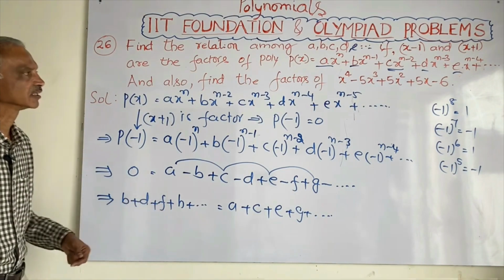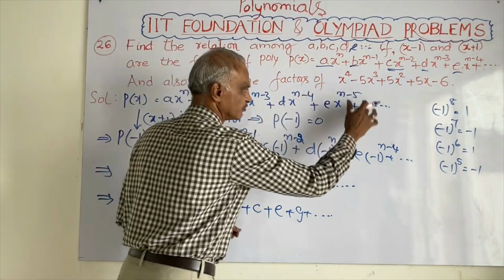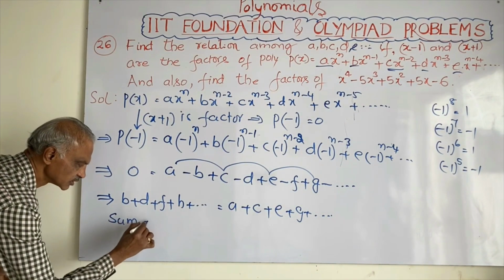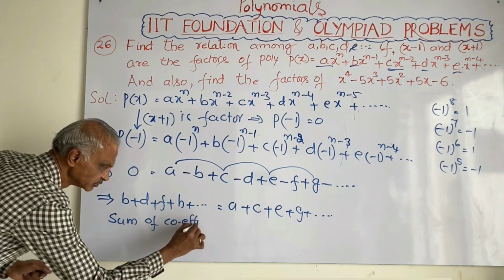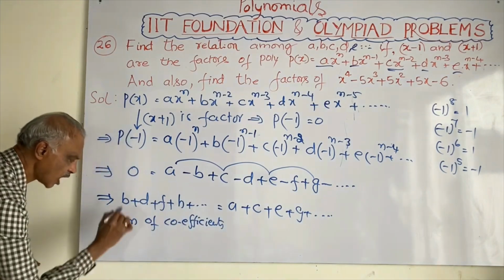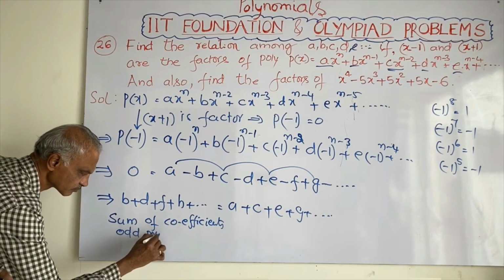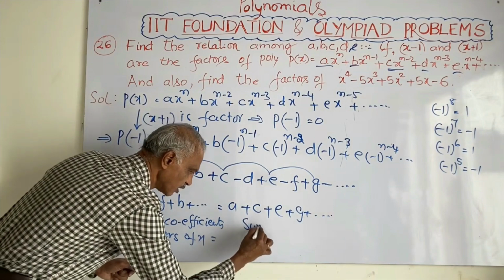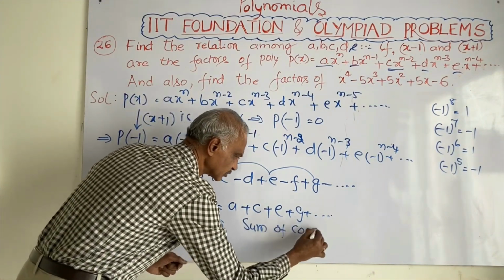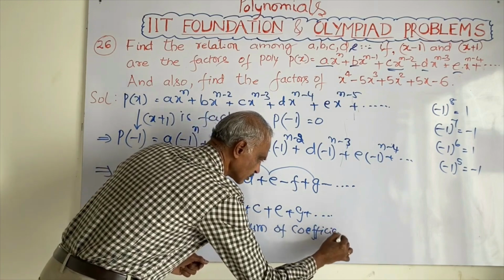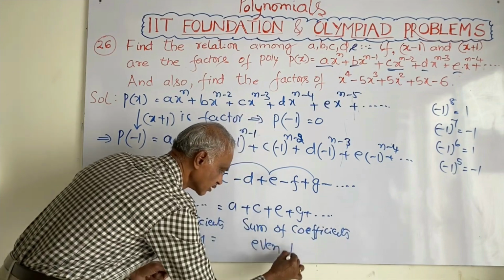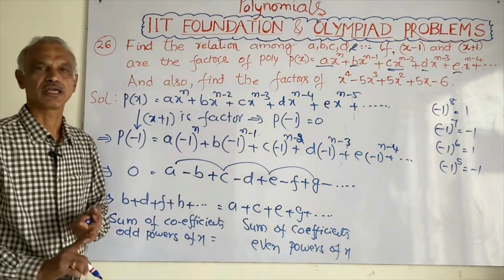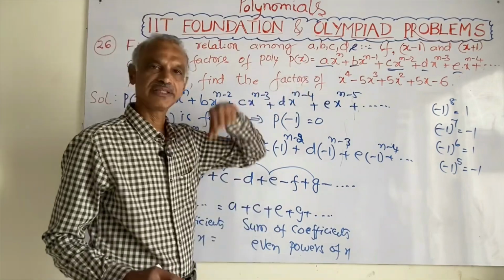B, D, F, H. These are the sum of coefficients of odd powers of x is equal to the sum of coefficients of even powers of x.